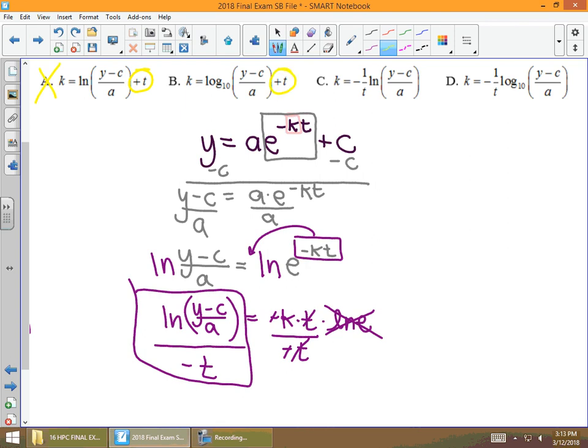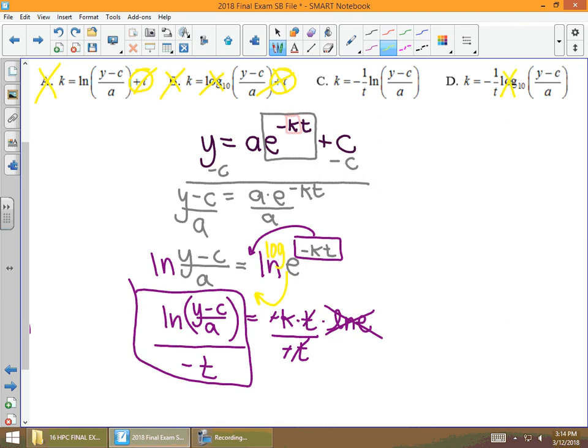Same thing with B, plus t, log base 10, no and no. Option D uses log base 10, and if we could use log base 10 in this problem, the log base 10 of e would not be 1, so you would have to divide it over at some point. So that cannot be right.